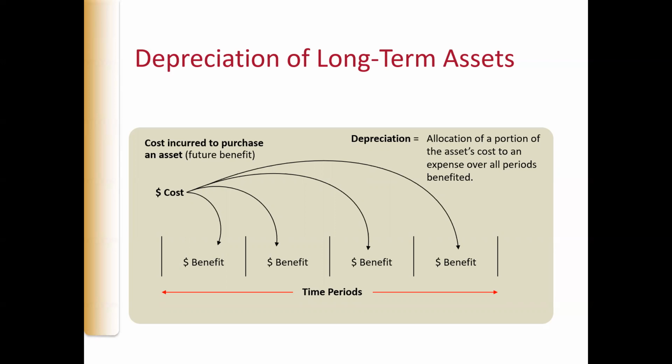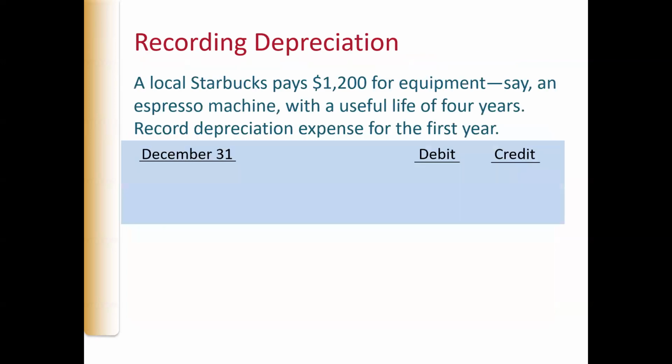Depreciation is just an allocation of a portion of the cost of the asset to be expensed over each period. So we have a local Starbucks and they paid $1,200 for a piece of equipment, and it has a useful life of 4 years.